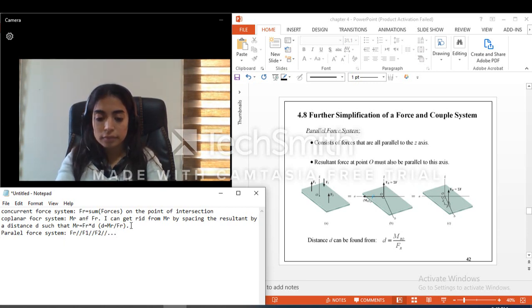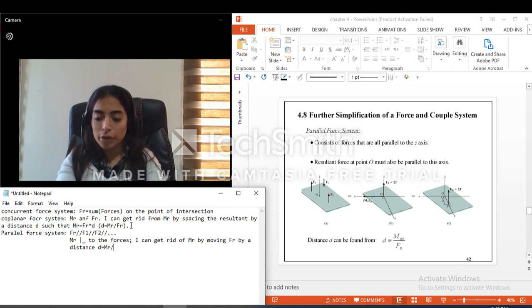M resultant will be perpendicular to the forces, of course, and I can get rid of M resultant by moving F resultant by a distance D that is equal to M resultant over F resultant.